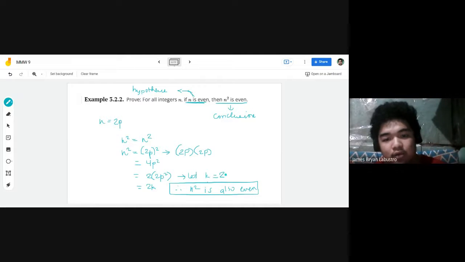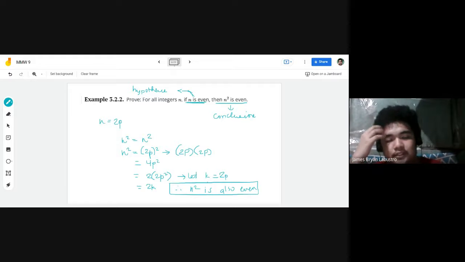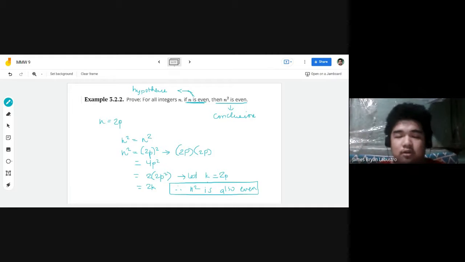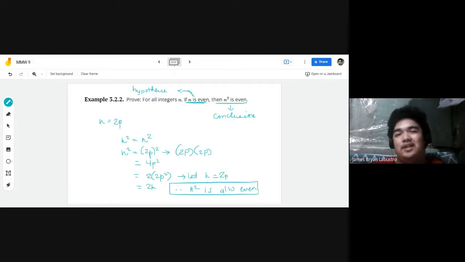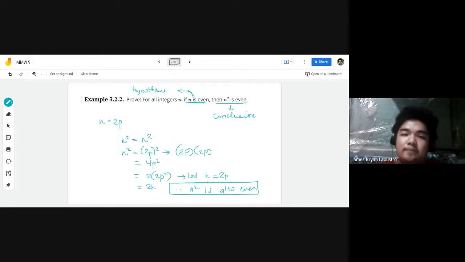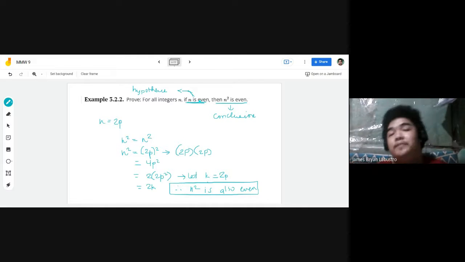It's up to you if you go straight to the solution, but for me it's automatic: I'm going to write the given first before I get deep into the solution. So we first define that n is equal to 2p, that would be even.